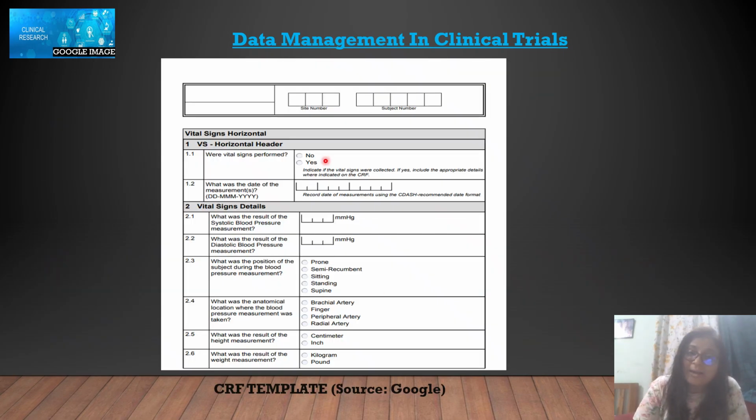Now I have added one CRF template, sourced from Google, just to give you a representation of how the CRF looks. It gives all the sign details, symptom details, patient details, and all things are mentioned in this CRF template, which that particular participant has to fill in. So this is the CRF template.